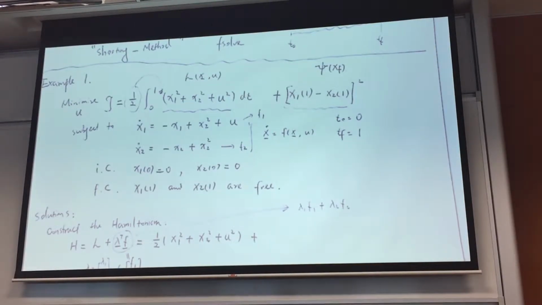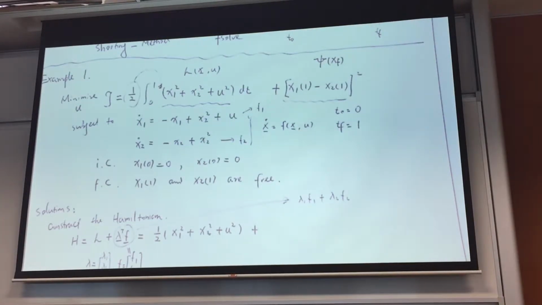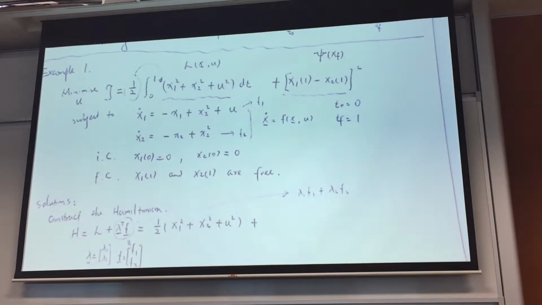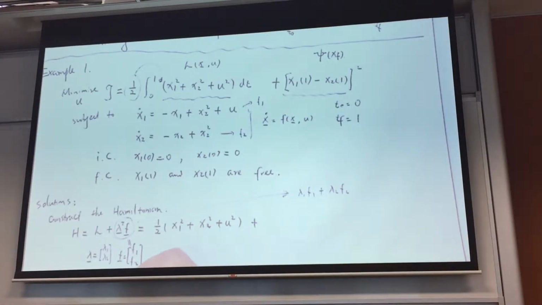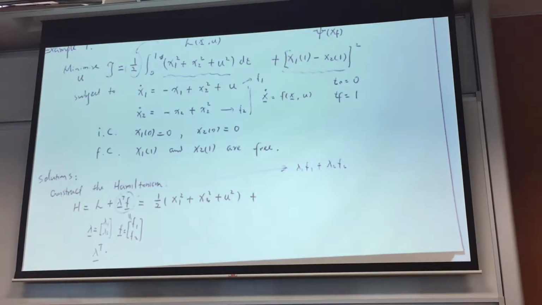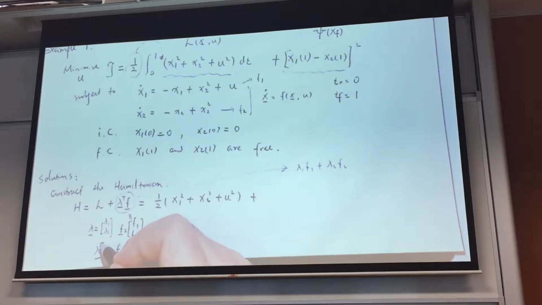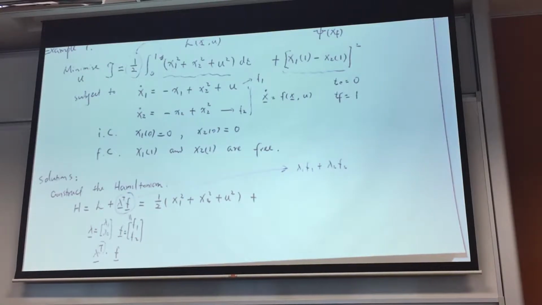In order to multiply these two vectors, the first one must be transposed into a row vector, so that we are able to multiply this row vector with this column vector. That's the reason we require the transpose here.